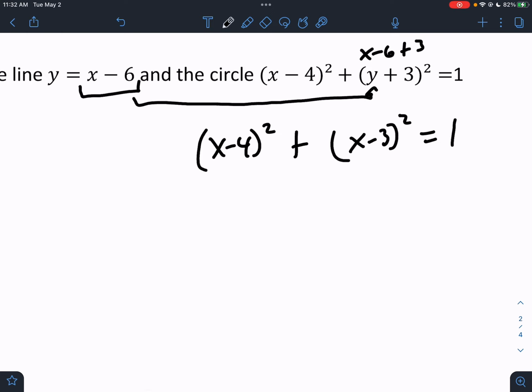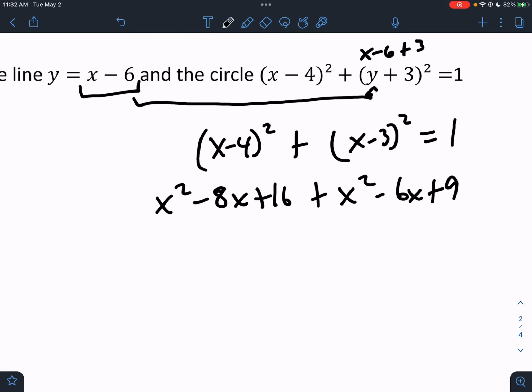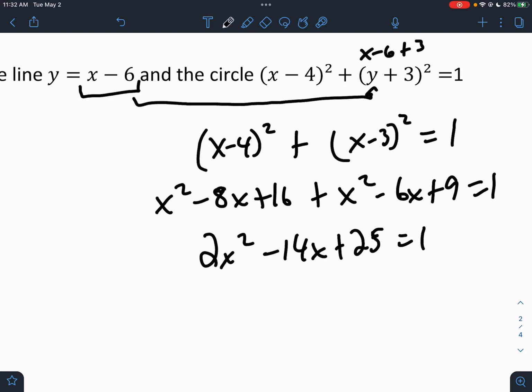We square it out. That's a squared minus 2ab plus b squared. This would be a squared minus 2ab plus b squared, and it still equals 1. Combine like terms, 2x squared minus 14x plus 25 equals 1.